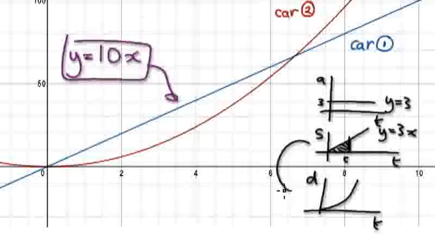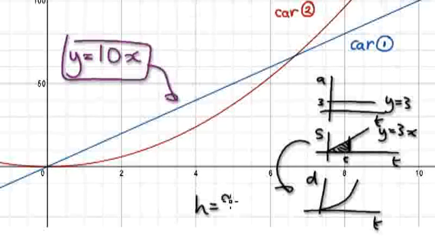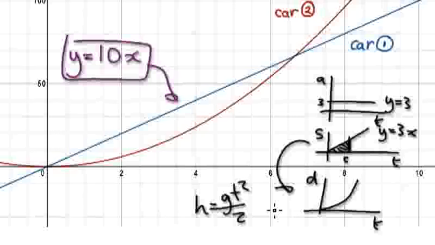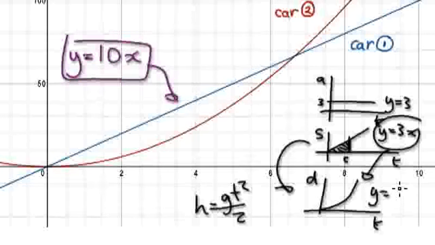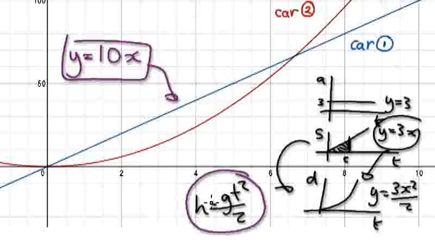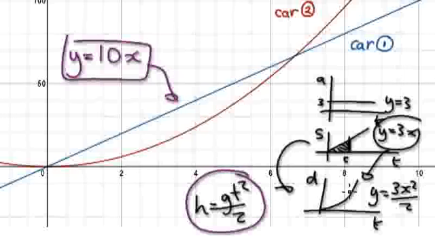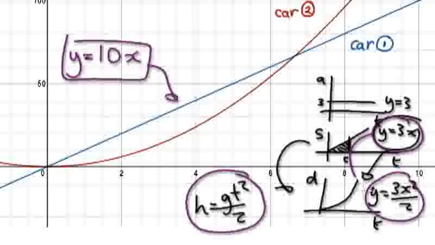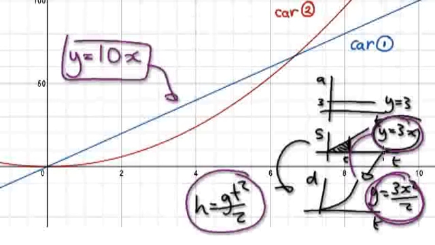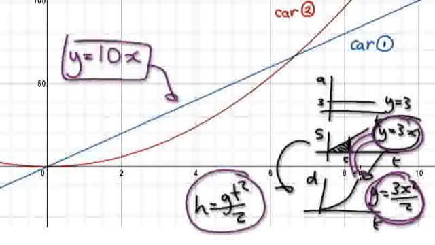This boils down to something similar to h equals gt squared over 2, which means that the distance time graph would be y equals 3x squared over 2. I've explained this before in one of the earlier videos. In the next video I will clarify this once more.